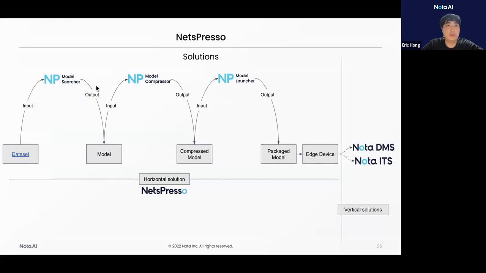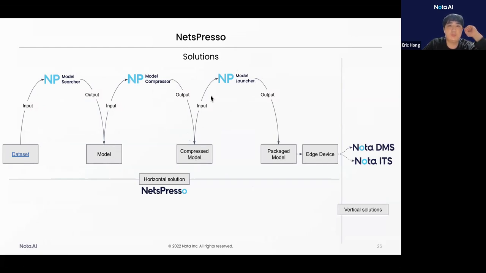NetsPresso, as I referred, is composed of model searcher, compressor, and launcher. And you can see the figure. The input of NetsPresso model searcher is a dataset, a computer vision dataset, a set of images. And the output is an AI model. The model compressor input is an AI model, and output is a compressed model.